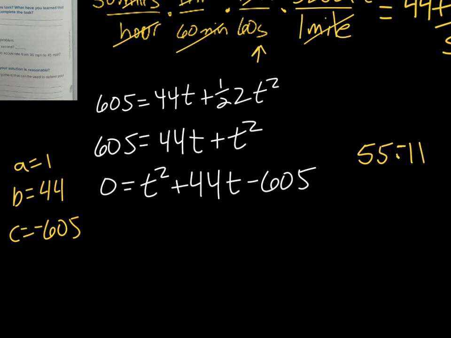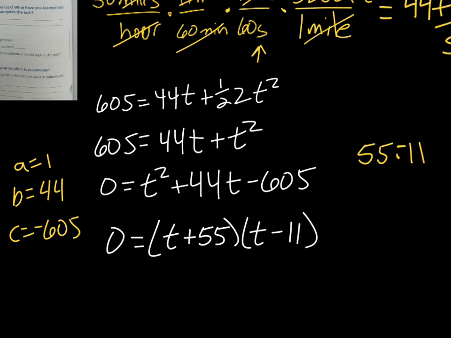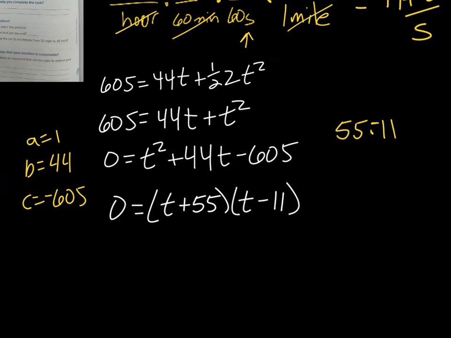And so, again, this factors into t plus 55, t minus 11. I'm skipping some steps, but you can check on me, right? Because 55 times negative 11 is negative 605, and 55 plus negative 11 is 44. We're going to set each of these equal to 0.